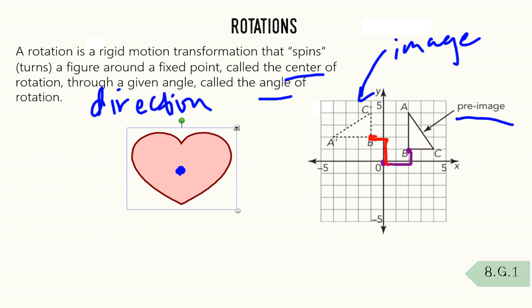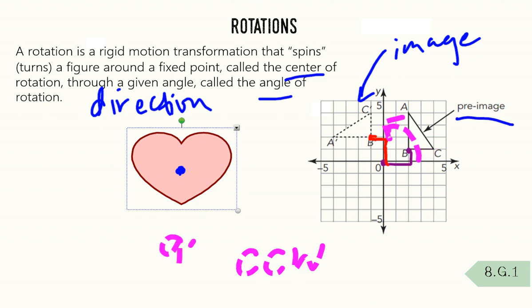So let's talk about the direction that it got rotated. It rotated from here to here. That is counterclockwise. So I can tell that this is counterclockwise, and I can also tell that this is 90 degrees. My original hook went from laying down on its side to standing up.